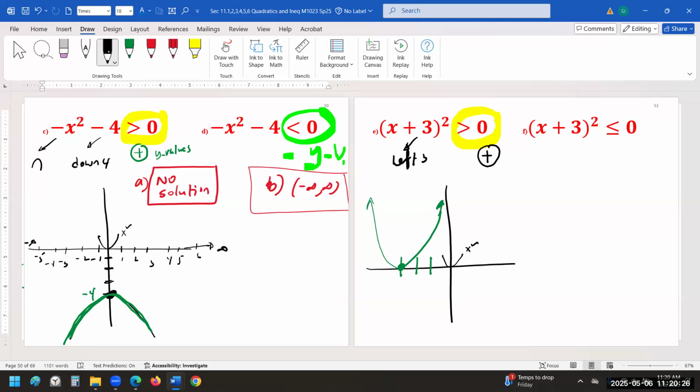Definitely goes up to infinity, right? Negative infinity. All these numbers from negative here are y's above the x-axis. All these y's are positive. So you definitely get negative infinity to negative 3.